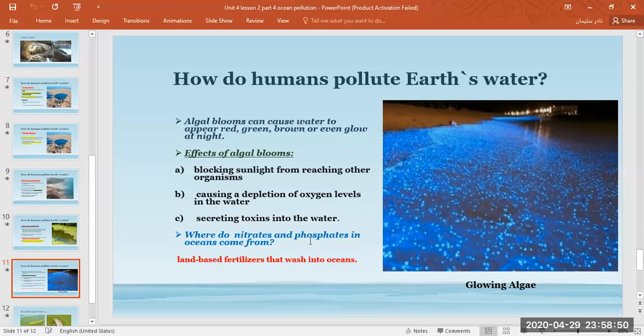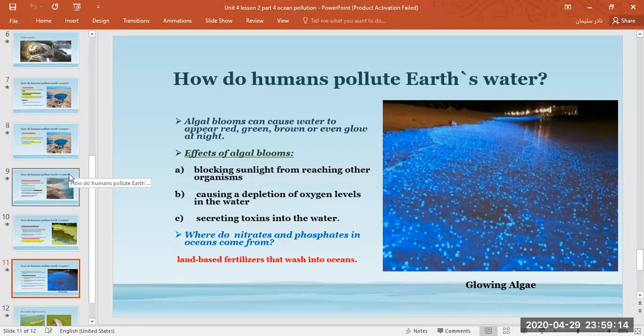But where do nitrates and phosphorus in the ocean come from? As we said, they come from the land-based fertilizers that wash into the ocean by runoff. So again, we have many substances or pollutants that cause water pollution. These pollutants include solid wastes.